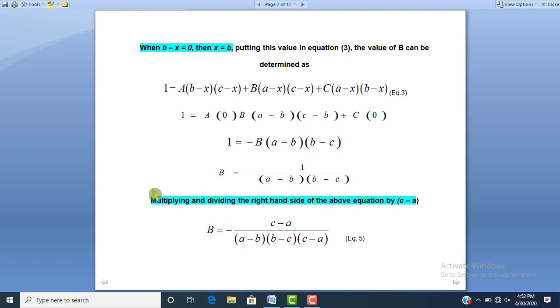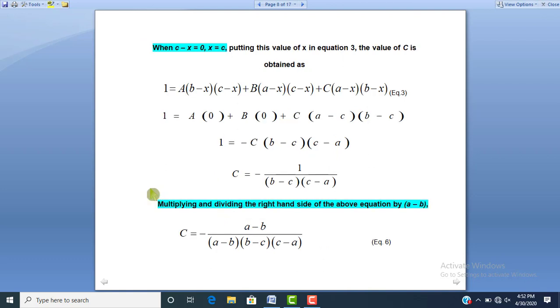Dear students, now we will find the value of c in the similar way as we found the value of a and b. So here we will suppose that c minus x is equal to 0, it means x is equal to c. So what we will do here, in equation number 3, we will replace x with c.